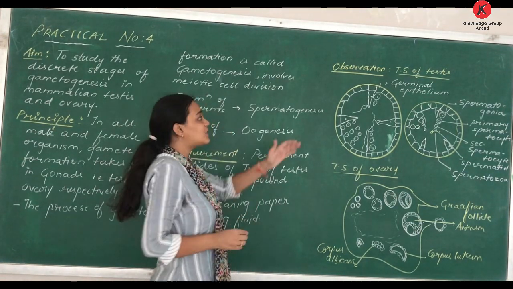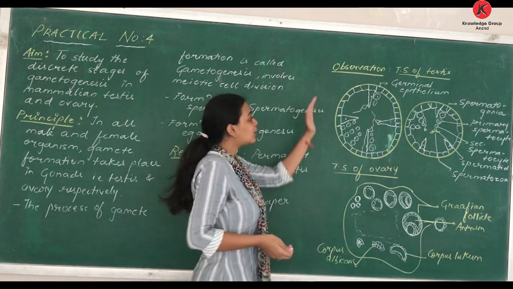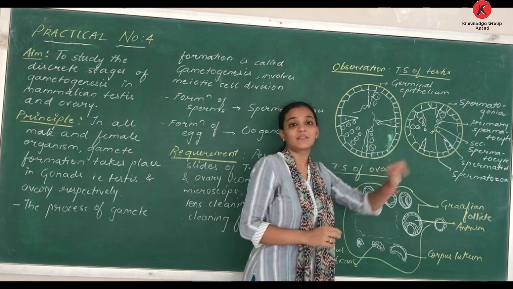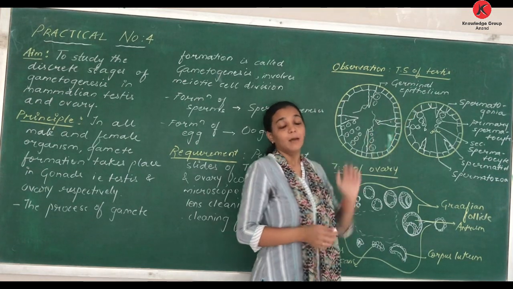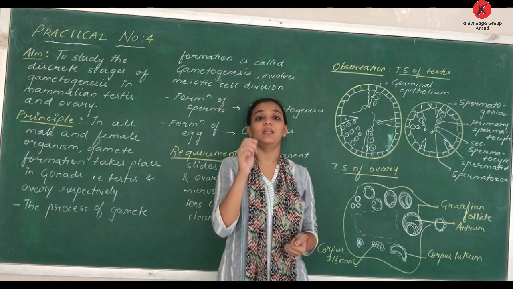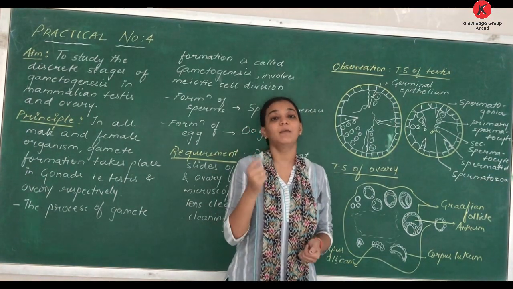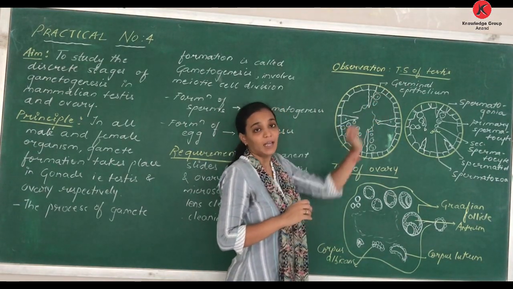So in the transverse section of the testis, what are we going to observe? First of all, the outermost layer of the cells that will be observed is called germinal epithelium. मतलब हम जब टेस्टिस देखते हैं तो टेस्टिस के अंदर होते हैं सेमिनिफेरस ट्यूब्यूल्स. यही सेमिनिफेरस ट्यूब्यूल्स में हमें देखने को मिलेंगे the first type of cells which are called the germinal epithelium.